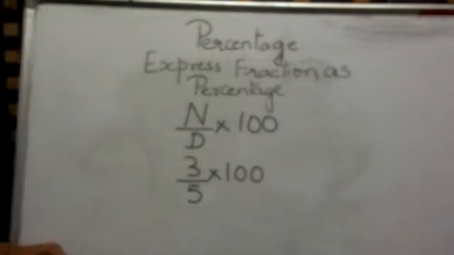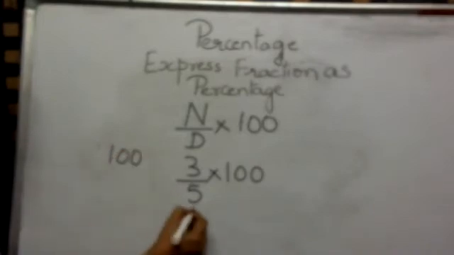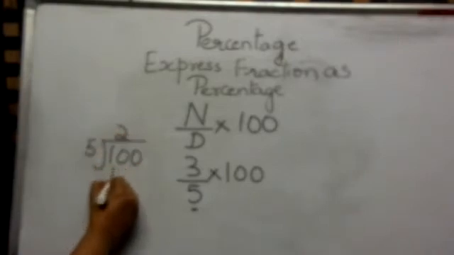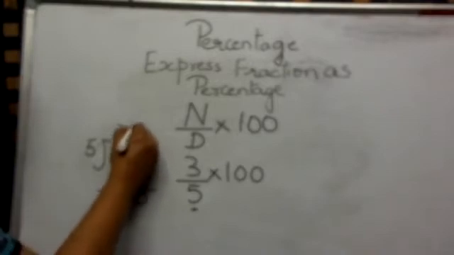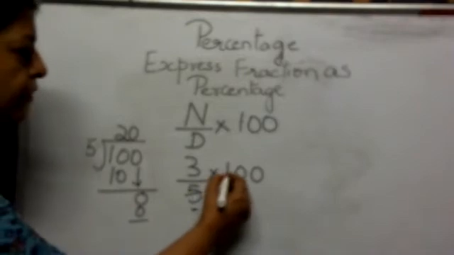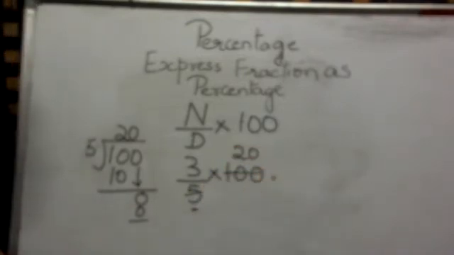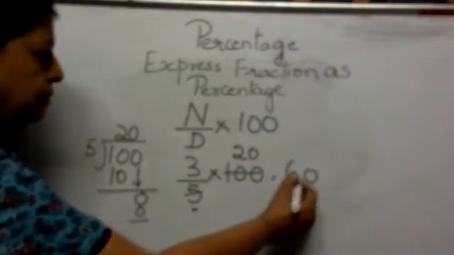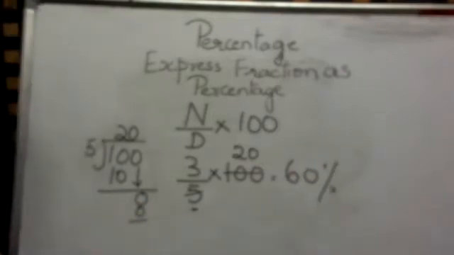The simple way is 100 divided by 5. 5 twos are 10, okay, children? This 0 will come down. So, 100 divided by 5 is 20. And 20 multiplied by 3 is 60%. 3 by 5 is equal to 60%.